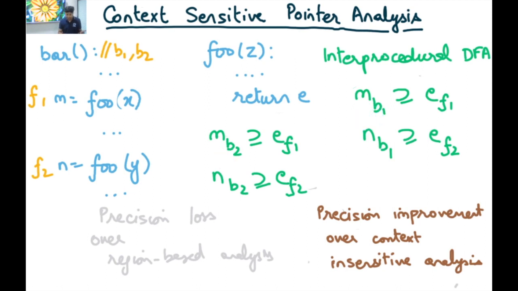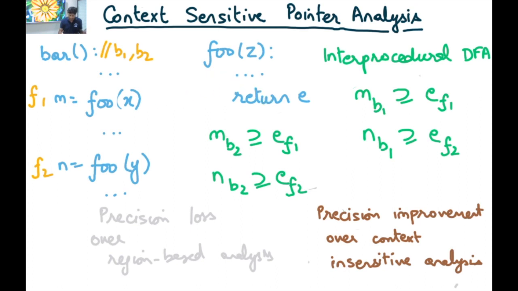Mathematically, this can be said as that MB1 should be updated using EF1. So if I'm analyzing bar in B1, then MB1 should be updated using EF1. If I was analyzing bar in B2, then MB2 should be updated using EF1 as well. So these two represent the cases where the call happens through this F1 call site.